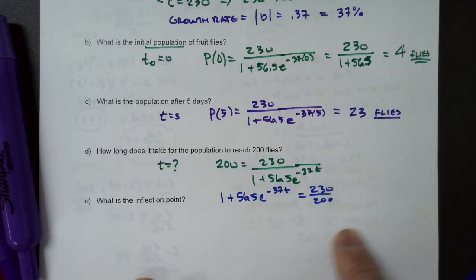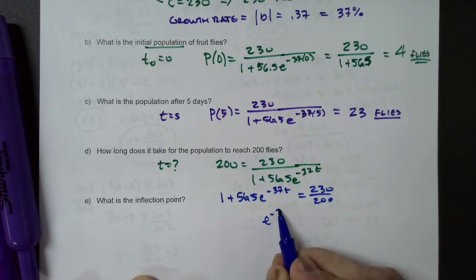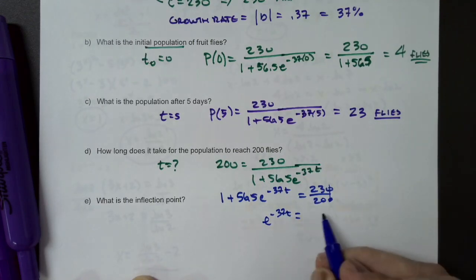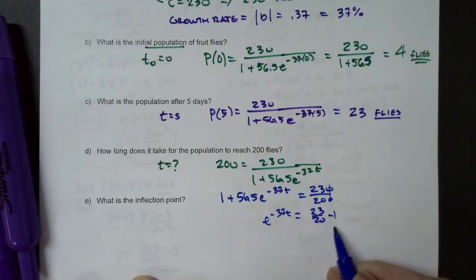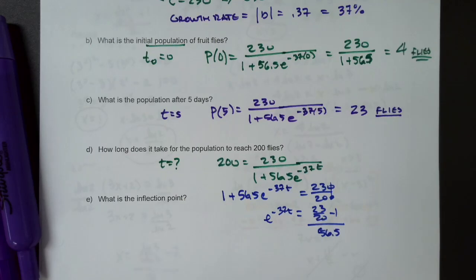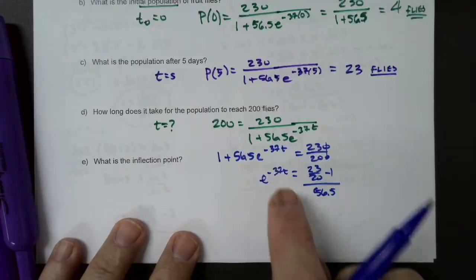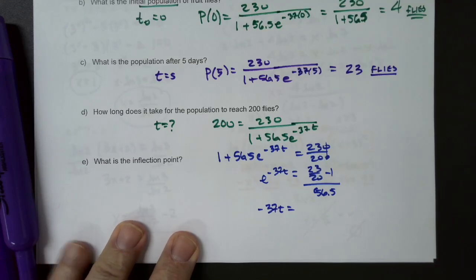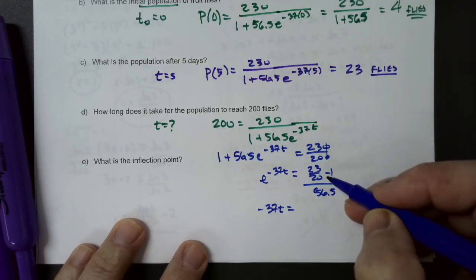Let's subtract 1 from both sides and divide by the 56.5. E to the negative 37t equals this. I can drop those zeros off there too, can't I? 23 twentieths minus 1 divided by 56.5. And now we'll go ahead and take the natural log of both sides to get this negative 37t down here.